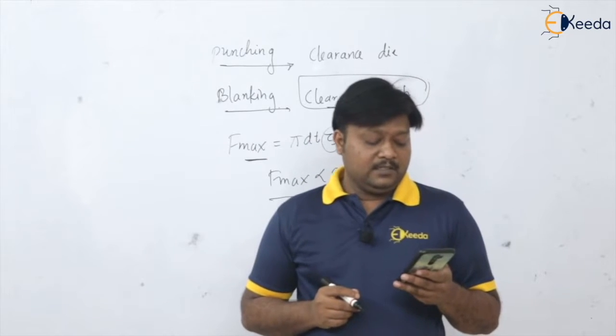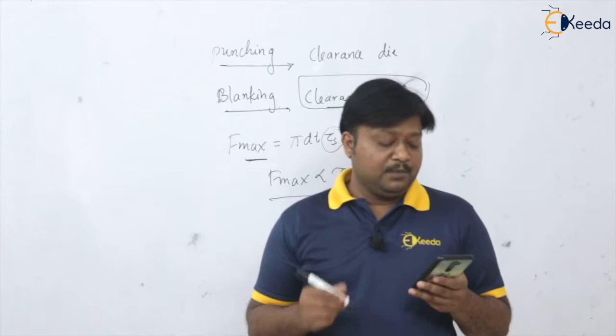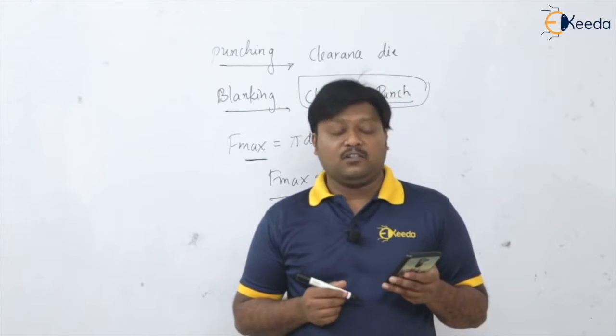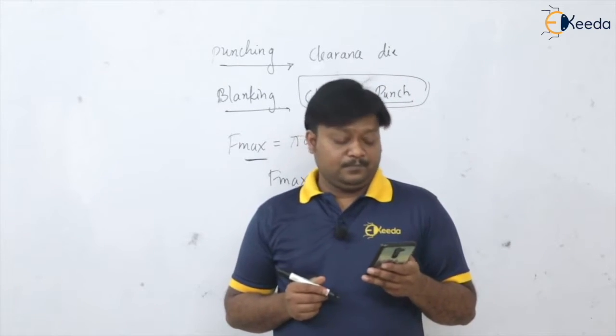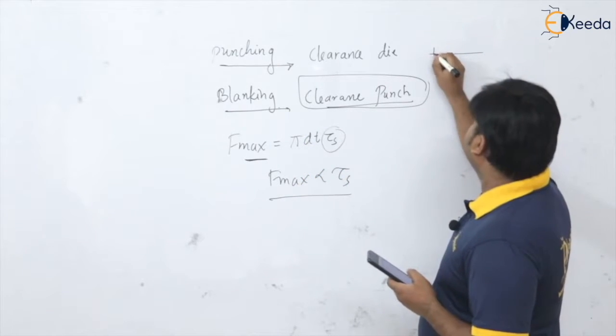Next question, in progressive die, spring loaded stripper plate is used to clamp the stock until, you know, the spring loaded strippers we are using on the flange portion.